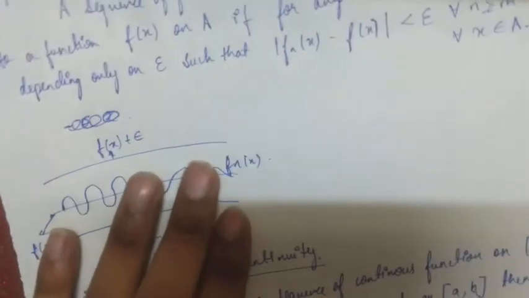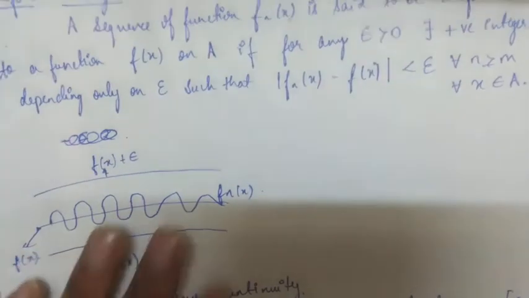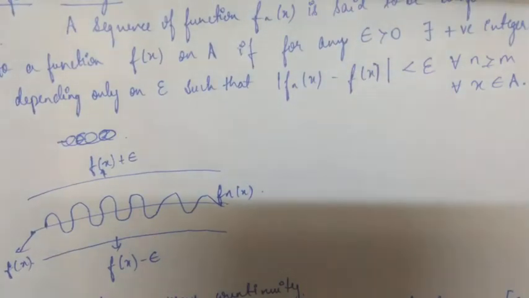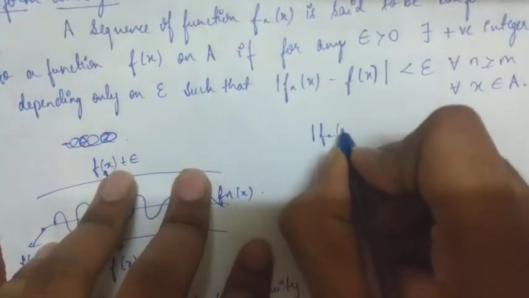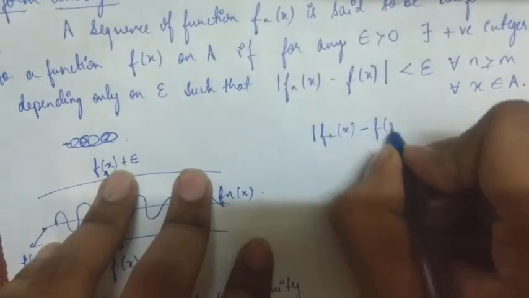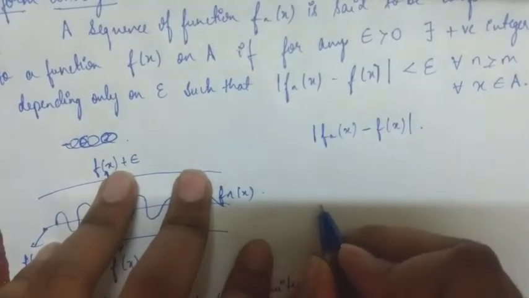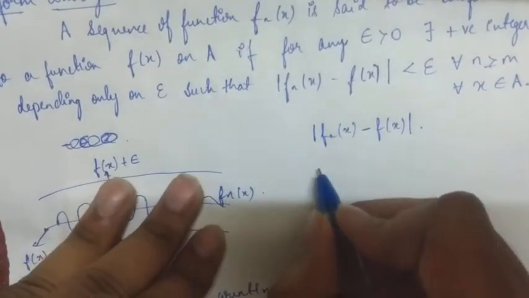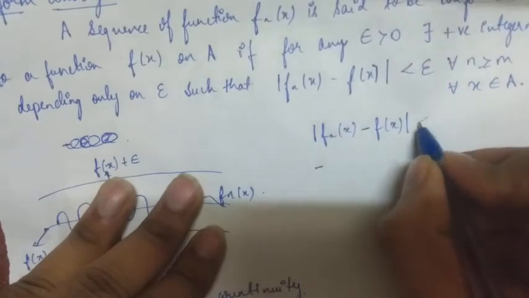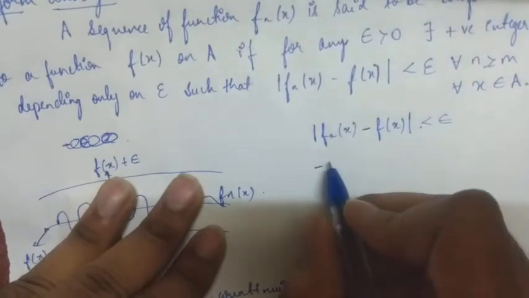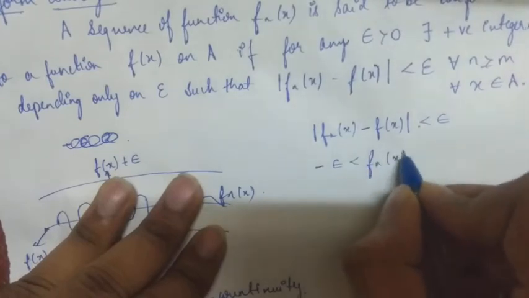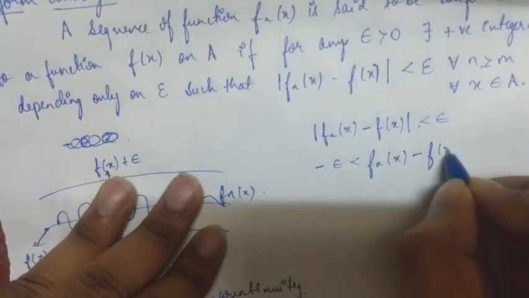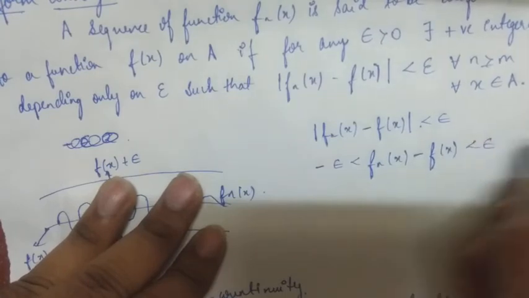Let's see what exactly this is. It can be written in this form. Let's write it down once again: minus epsilon less than fn of x minus f of x less than epsilon.